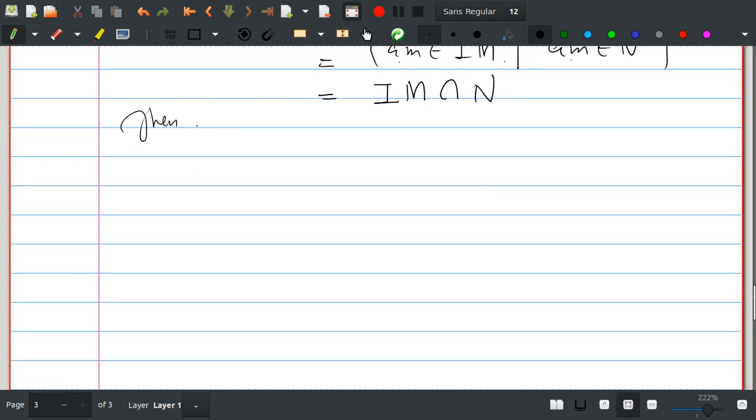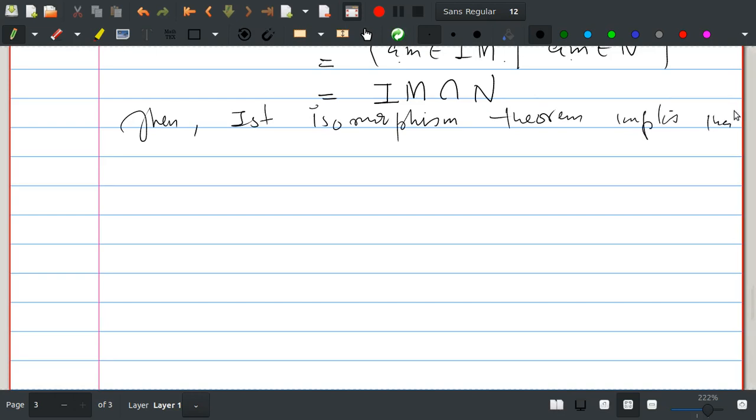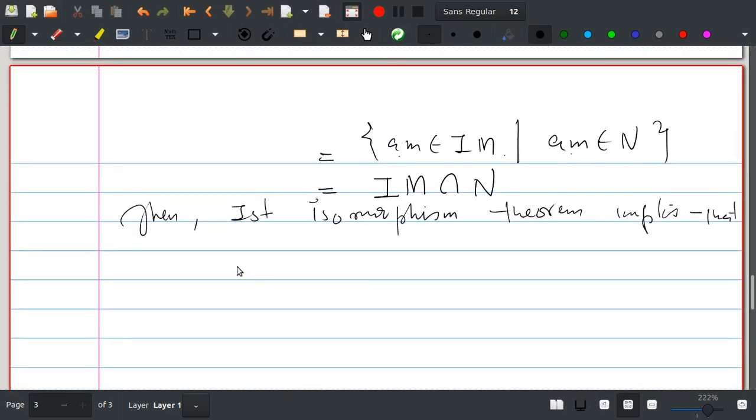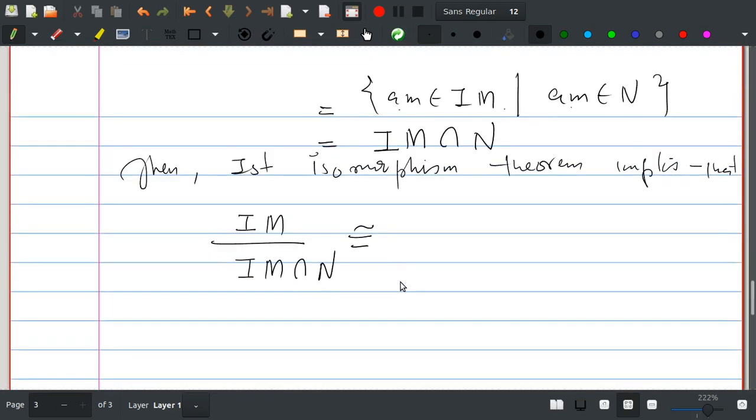Now let us invoke the first isomorphism theorem. The first isomorphism theorem implies that IM mod its kernel, which is IM intersection N, is actually isomorphic to I times M mod N. So this is hash.